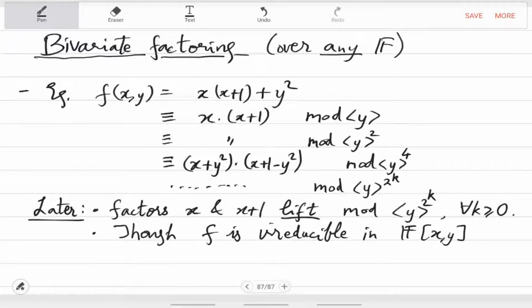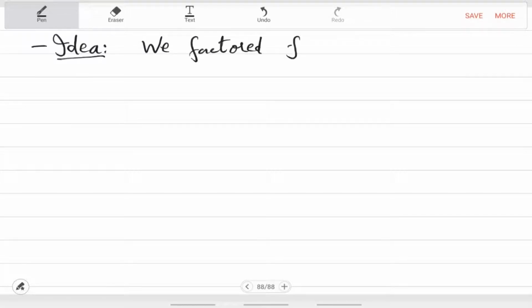So what we are doing here is we factored f, general f, as g0 times h0 mod y.